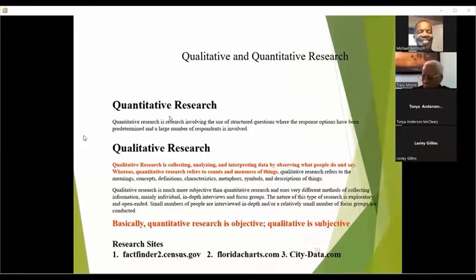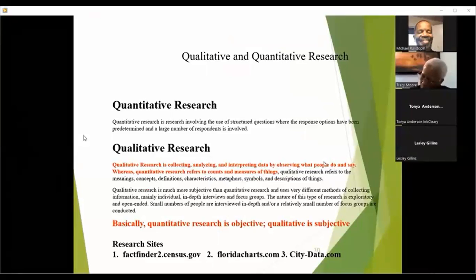Qualitative research deals with the how and the why something is going on. It focuses on the subjective, what the person thinks. In other words, qualitative research is collecting, analyzing, and interpreting data by observing what the person says and what the person does.